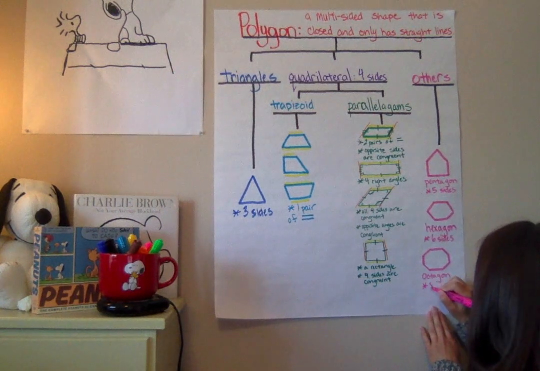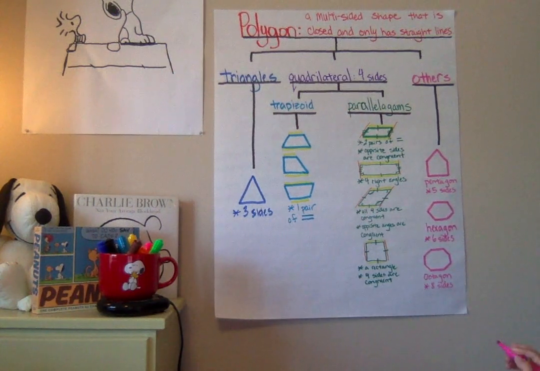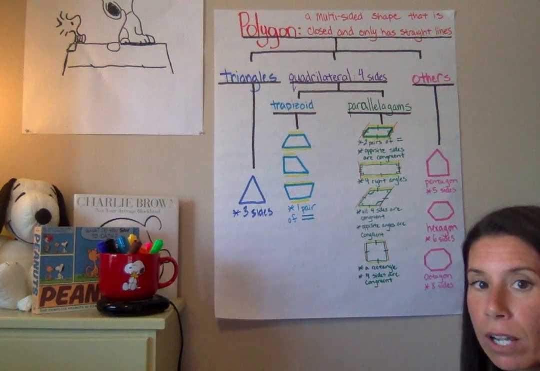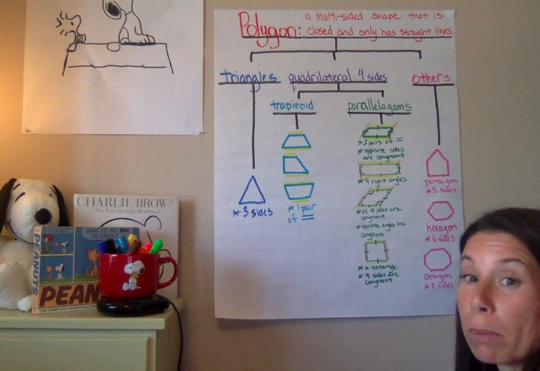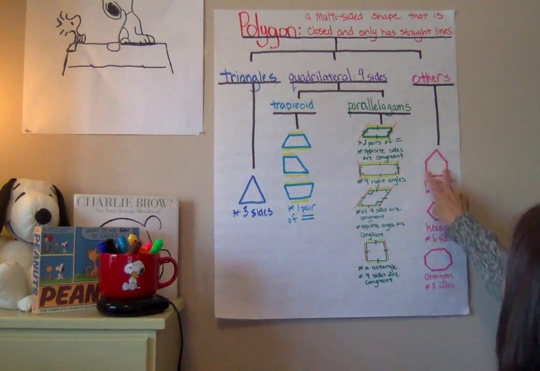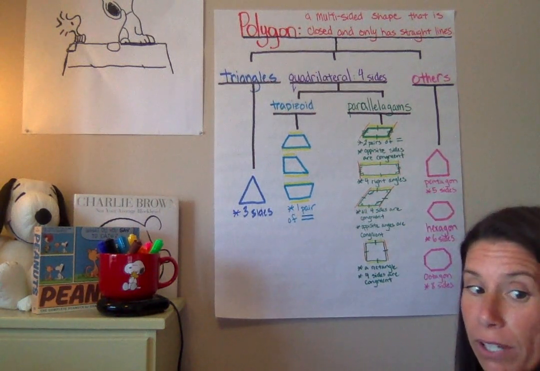Okay, and this one has 8 sides. Like I said before, it doesn't matter if they're the same length or not, if they're congruent or not, if they're parallel or not. I do see that the pentagon has 2 parallel lines here, but it doesn't have to be, okay?